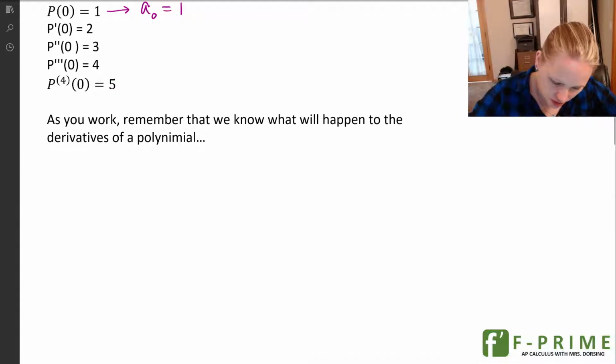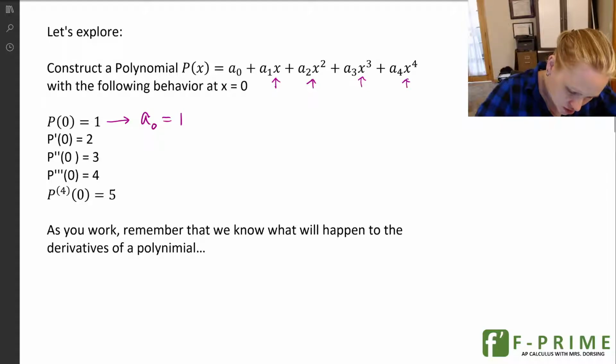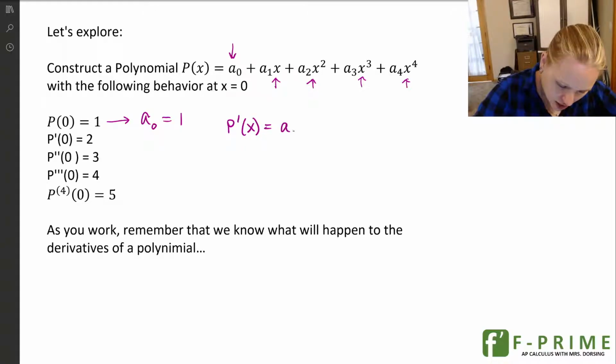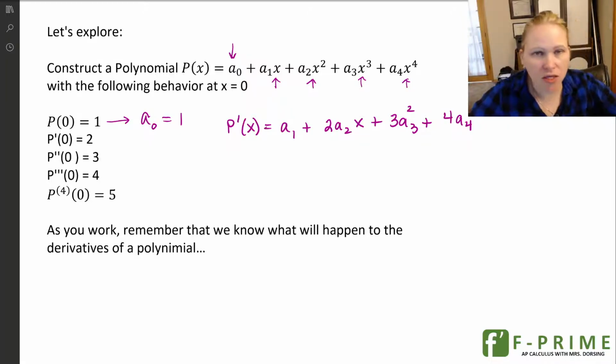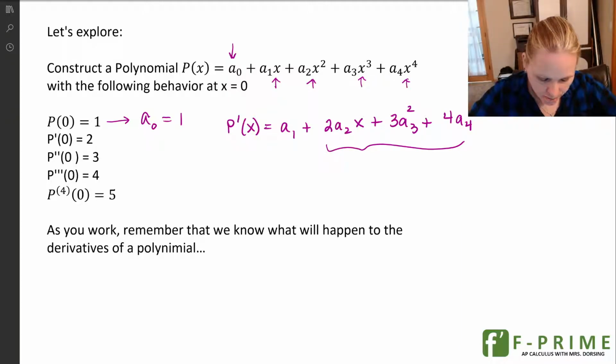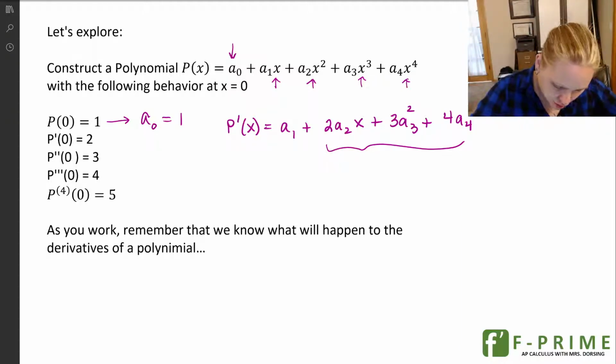When I do this derivative, this constant term is going to go away, and I'm just going to be left with p prime is going to be a1 plus 2a2 x plus 3a3 x squared plus 4a4 x to the third power. And when I plug 0 in, all of these terms are going to go away, and I'm going to be left with a1. And so that tells me that when I plug 0 in, I want to get 2 as my answer. This is saying that a1 must be 2.